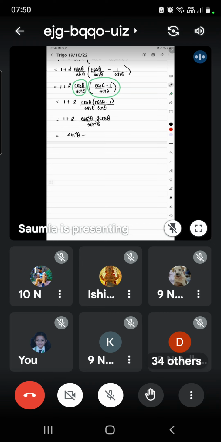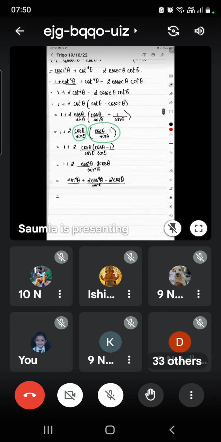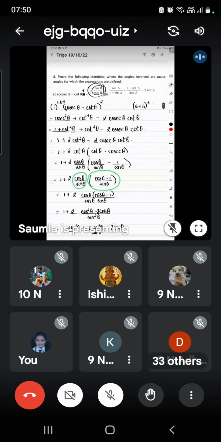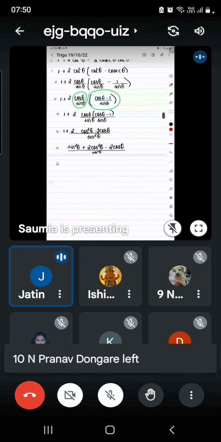Sine square theta plus 2 cos square theta minus 2 cos theta upon sine square theta. Then what can I write? We have to bring this 1 minus cos theta. Ma'am, we can write sine square theta as 1 minus cos square theta. Yes.